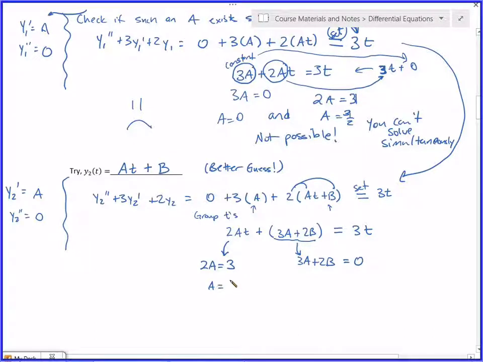So a is 3/2, which means 3 times 3/2 plus 2b equals 0. So that's 9/2. Move to the other side. 2b is negative 9/2, and b is negative 9/4.